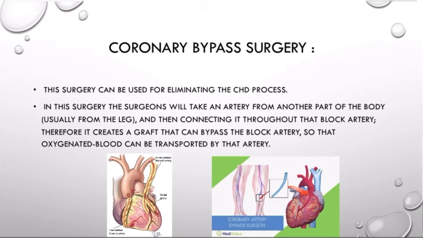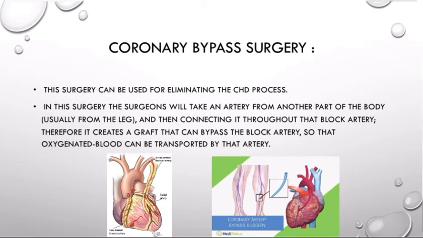Therefore, it creates a graft, as you can see in the picture, that can bypass the blocked artery, so that oxygenated blood can be transported by that specific artery, which is usually taken from the leg. So in this case, those oxygenated bloods are not going to be carried by those coronary arteries.